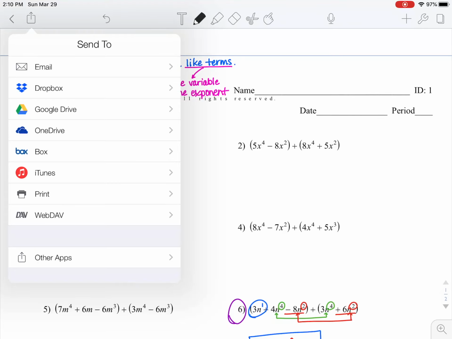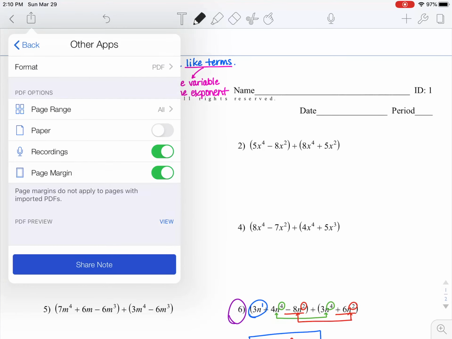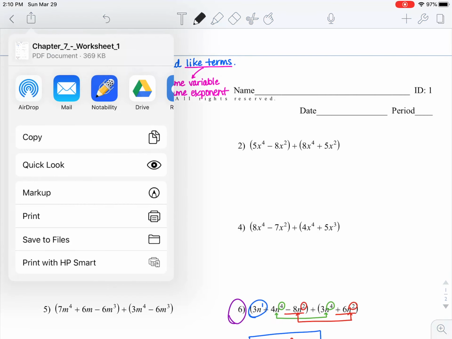So go down to the very bottom where it says Other Apps, and look at the top where it says Format. Make sure it says PDF, and once it does, click Share Note at the bottom, the blue rectangle.